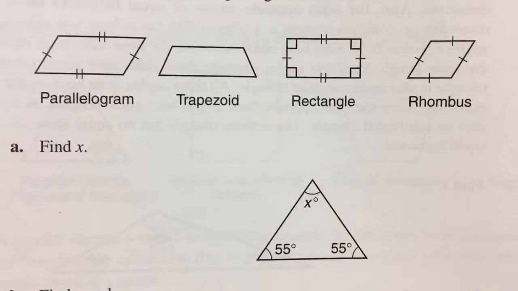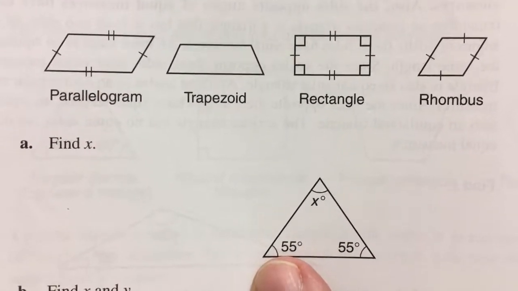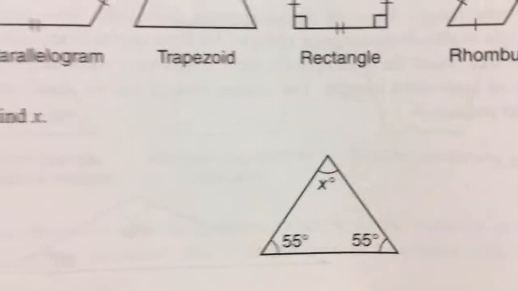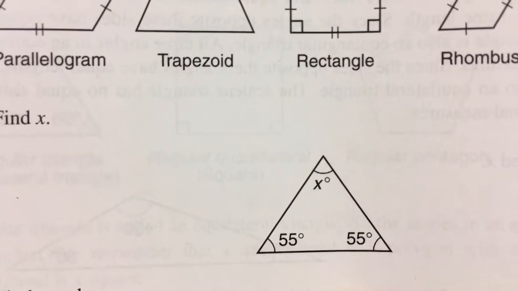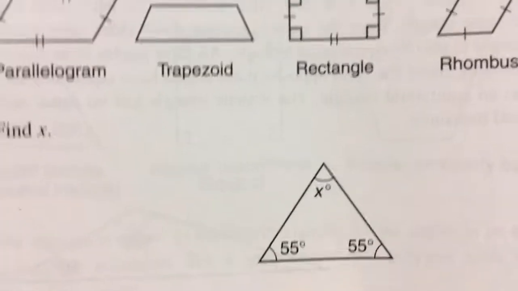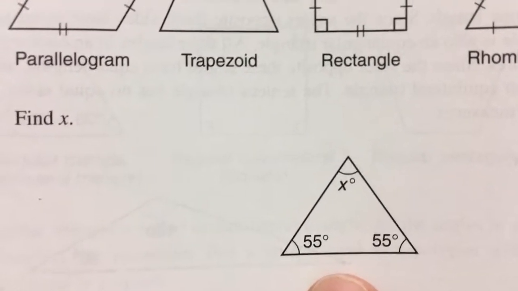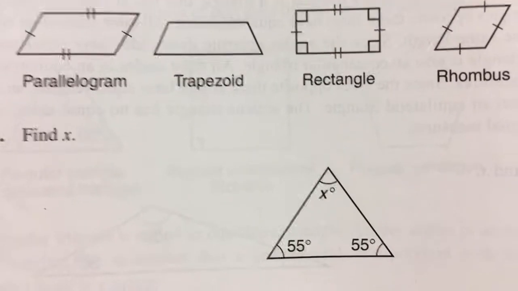They've given us a 55 and a 55, and all we have to do is find the missing angle. So, wouldn't we add to 180? So, 55 and 55 is 110. So, 110 plus something is 180, and that would be a 70, right? So, x must be 70.